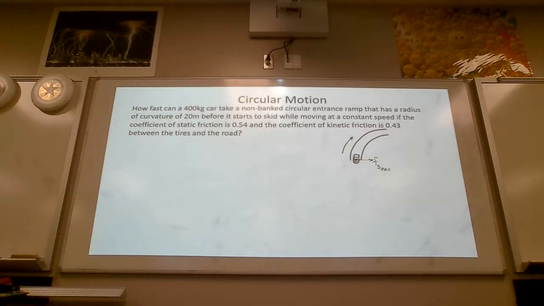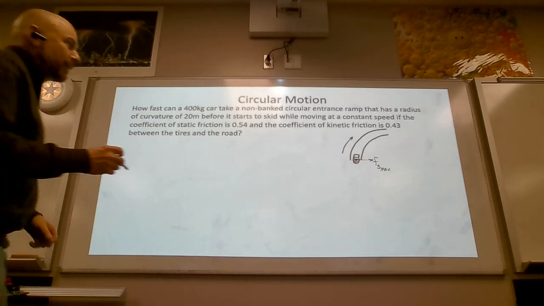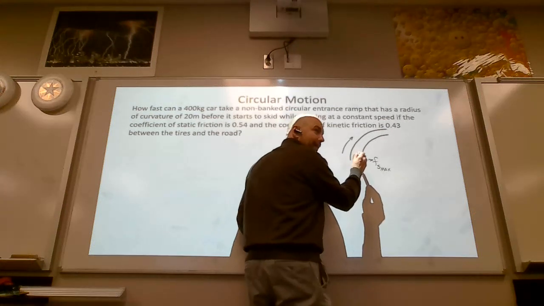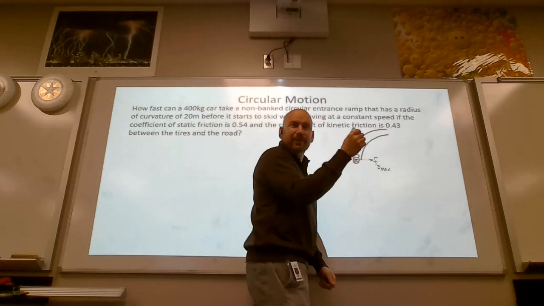Okay. Good with that? Now, problem is we have other forces, but we can't really see them from this viewpoint, because gravity is going this way and normal force is going that way.